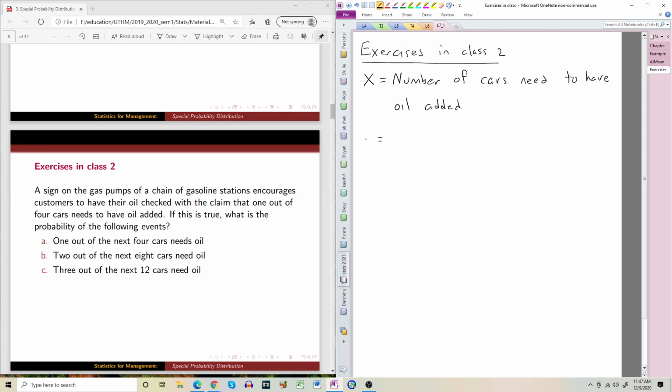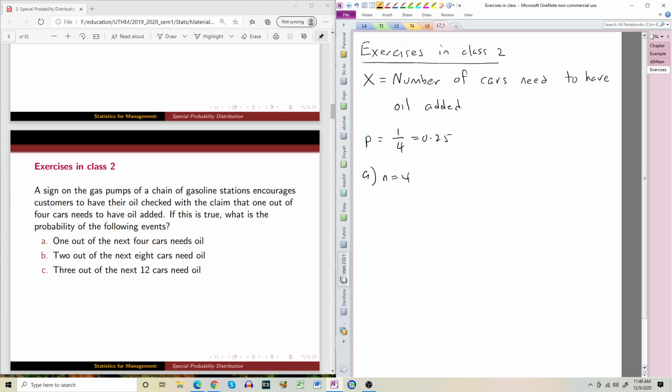What is the probability that a car needs to add oil? 1 out of 4, I can write this as 0.25. A. One out of the next 4 cars needs oil.